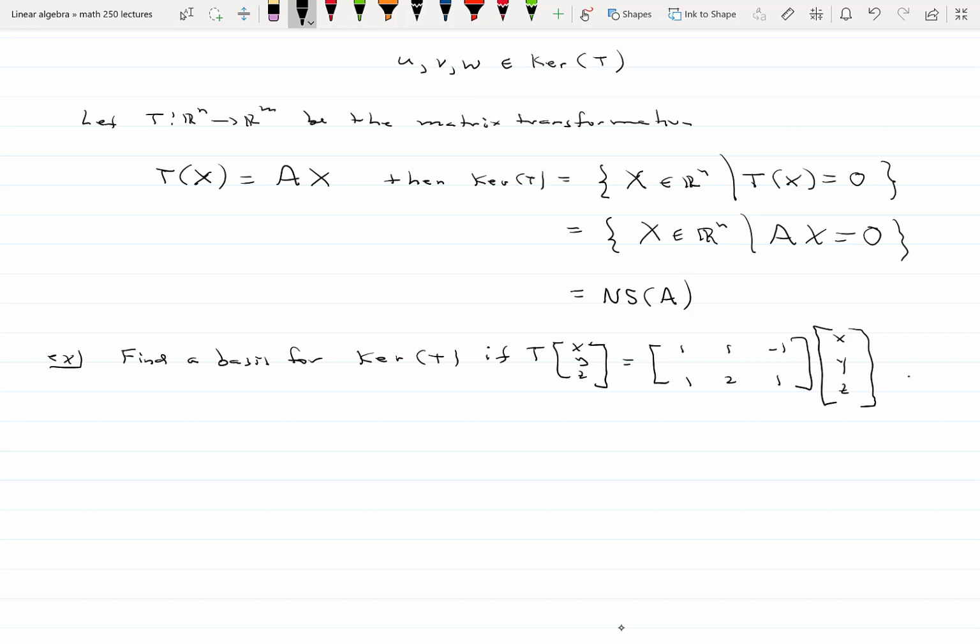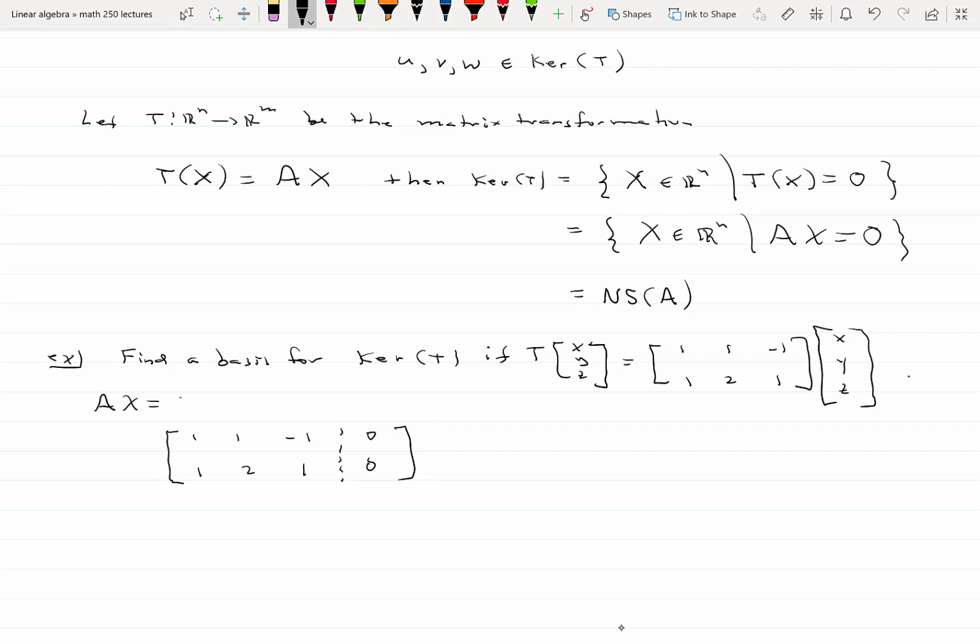It's the set of all elements of Rn, R3 in this case, that get sent to 0. We've done this before. So how do we do that? We solve the homogeneous system Ax equals 0.